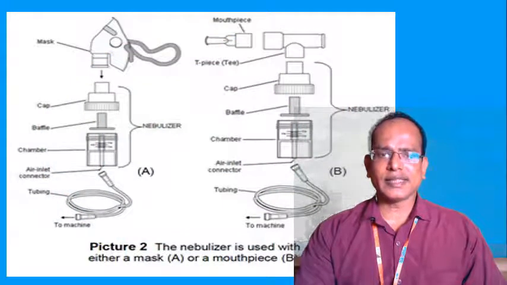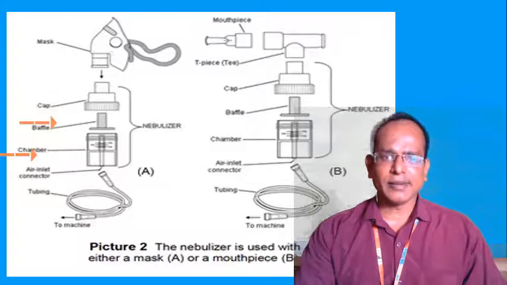Now you are seeing the typical diagram of a nebulizer. The first one is the mask, the second is a cap, the third is a baffle, the fourth is a chamber. This chamber is also called a reservoir. Here the liquid or drugs to be delivered are stored in that chamber.